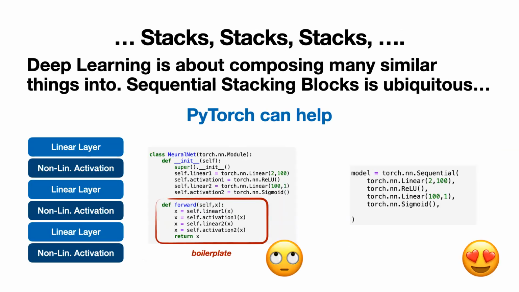And this is also what PyTorch gives you. Instead of all of this boilerplate, you can just say, I want a deep stack of a linear layer and nonlinearity, linear layer, nonlinearity, and so on, as deep as you want. It's exactly the conceptual diagram that we had here on the left.